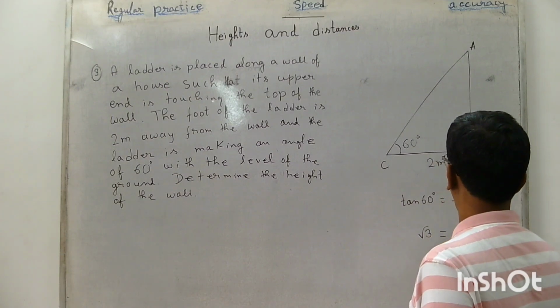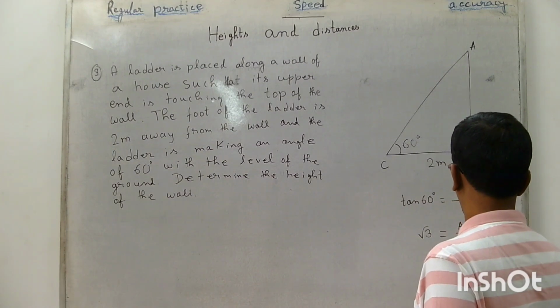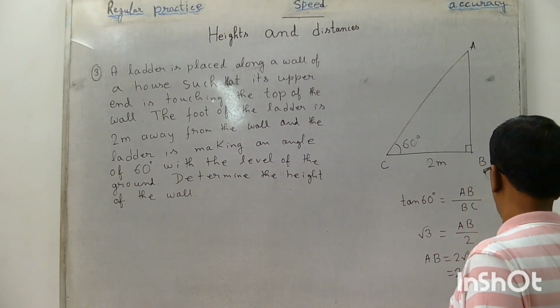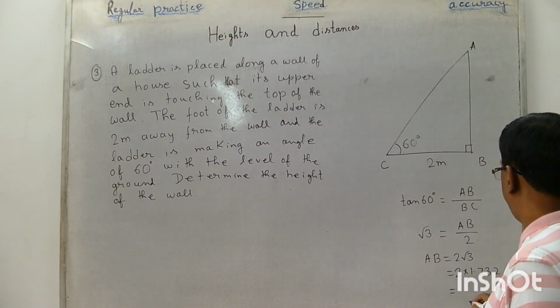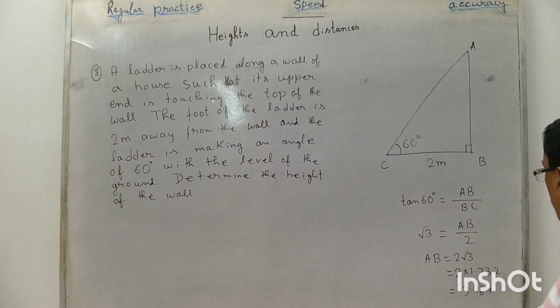Root 3 equals AB by 2. AB equals 2 root 3. That means 2 into 1.732, which is 3.464 meter. This is the height of the wall.